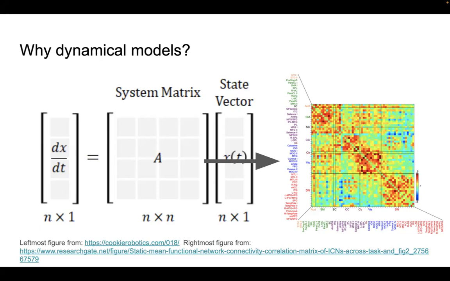SFNC is a very simplified version of trying to get to this A matrix, but you can think of it as a derivative of it in some sense. My point is that we have been trying to get at dynamical systems in different ways before. These papers are trying to get at them directly, so SFNC would be a very indirect way of trying to get at this A matrix.